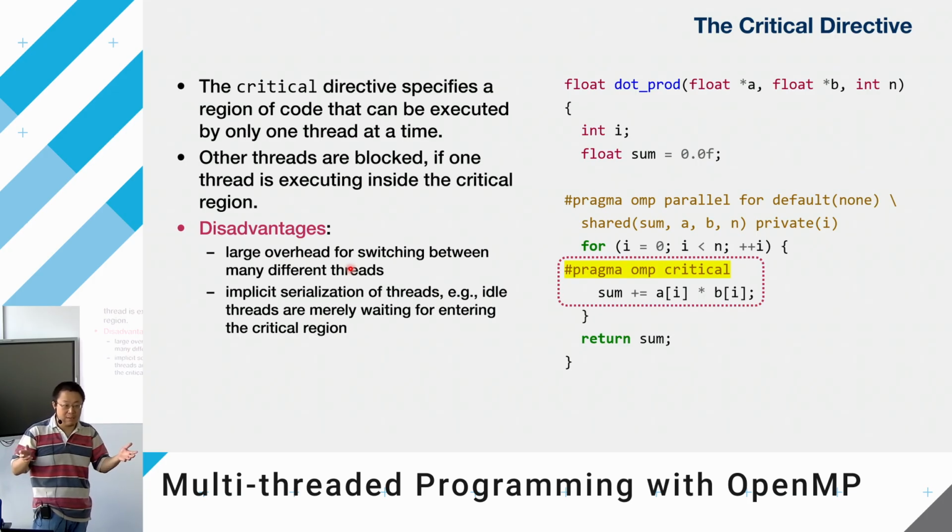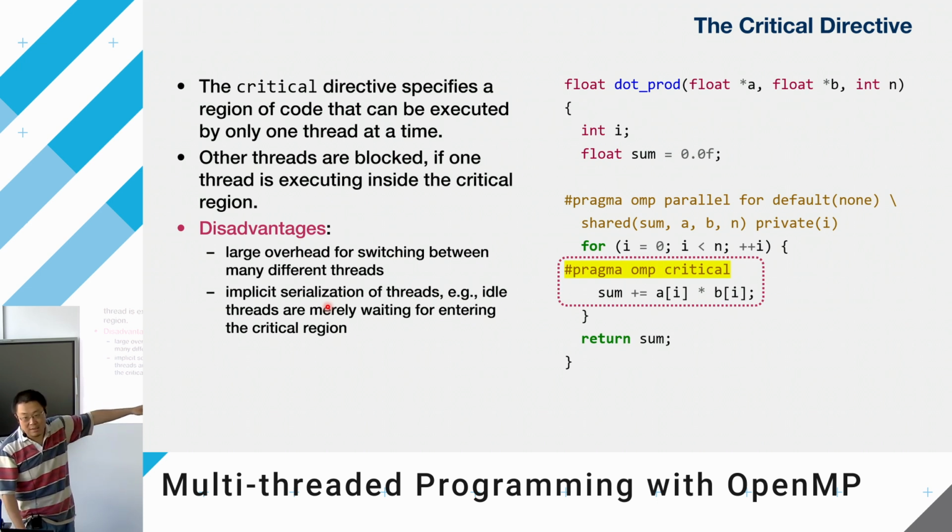This is not wanted, because the other threads are waiting and doing nothing for the calculation. Also, this makes the calculation serialized, because at any time only one thread is working, then another thread comes in and works, and the others must wait. Although this gives you the correct result, there's no parallelization.